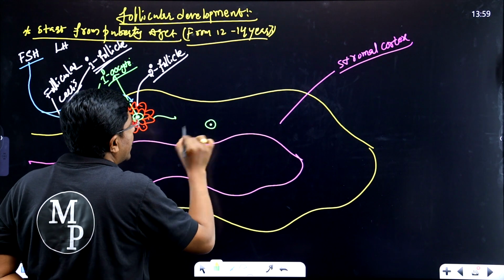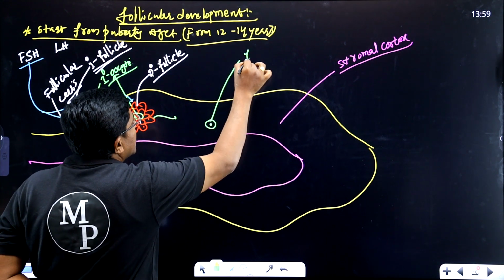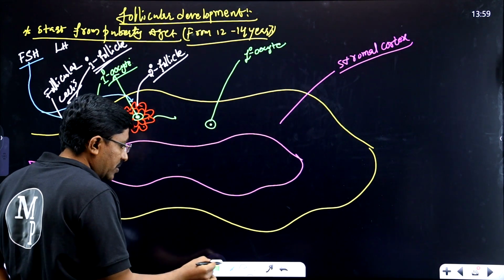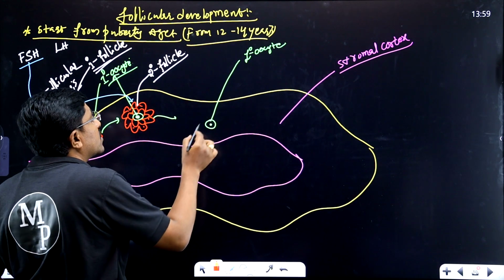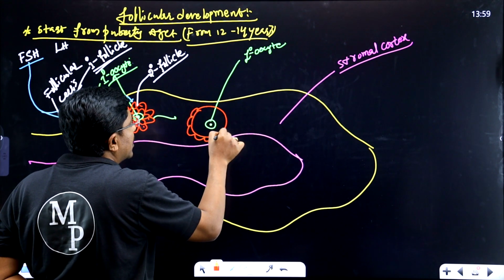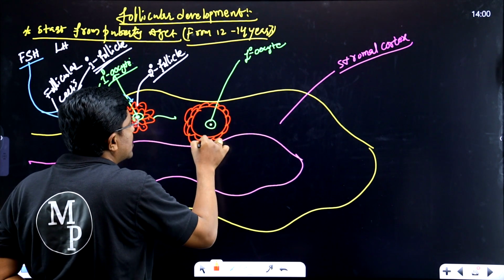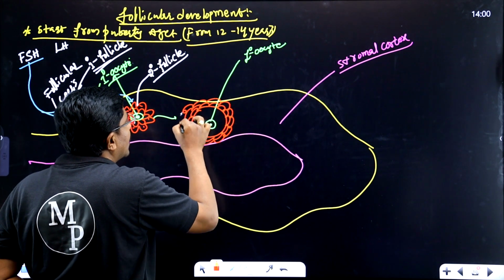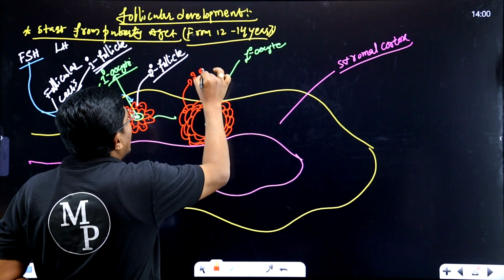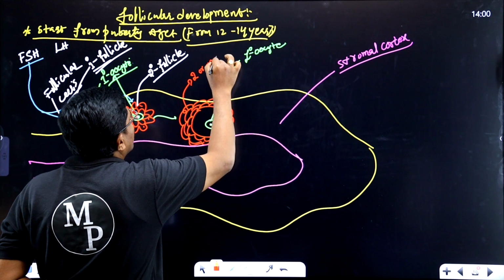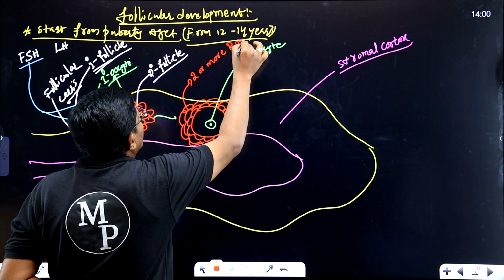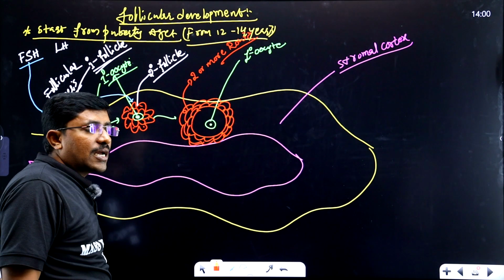Initially it is the primary oocyte, and surrounding the primary oocyte, granulosa cells are developed with little space, surrounding it two or more rows of follicular cells are there.